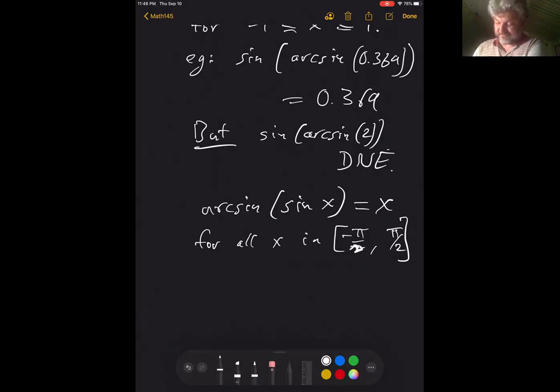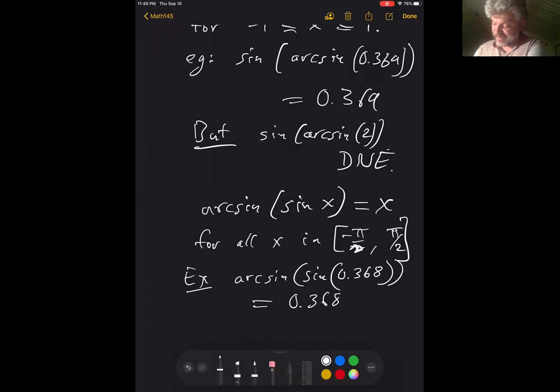So let's investigate. Begin with arcsin of sine of 0.368, because it's different, is that same number, 0.368, because that is in the special interval. But arcsin of sine of, let's say, 5 pi over 3.